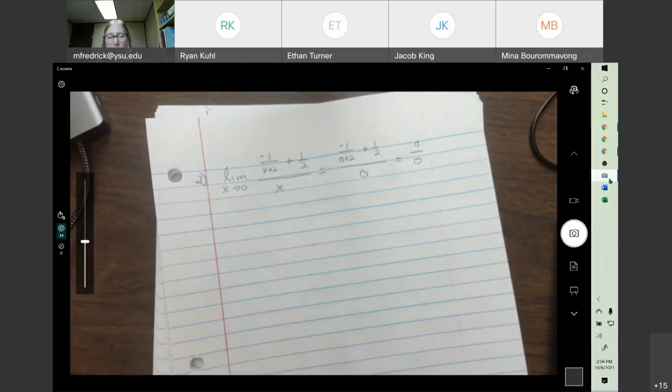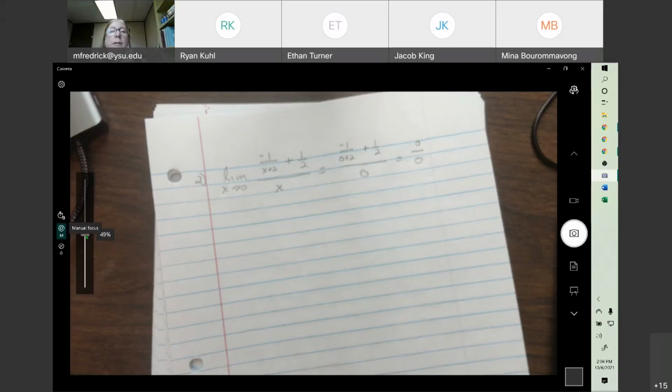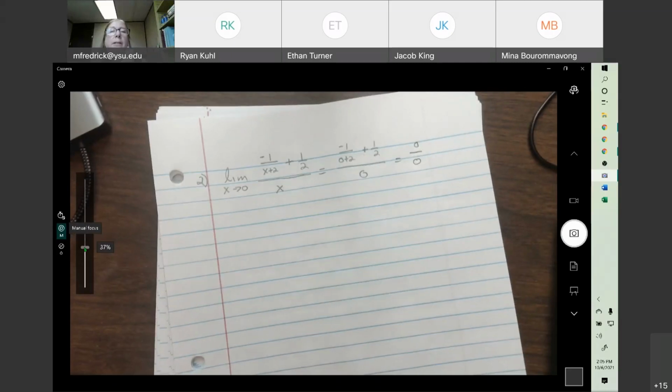Now, if it was just polynomials, we would try factoring, but this one is a complex fraction. So what you want to do to reduce complex fractions, trying to make that look clearer.